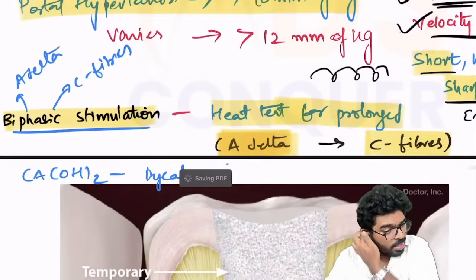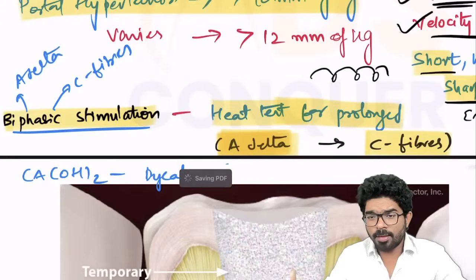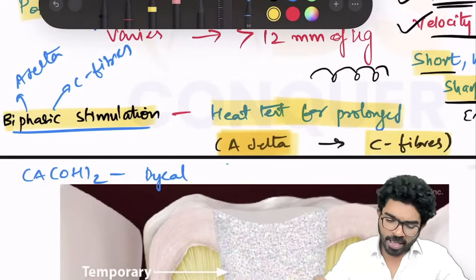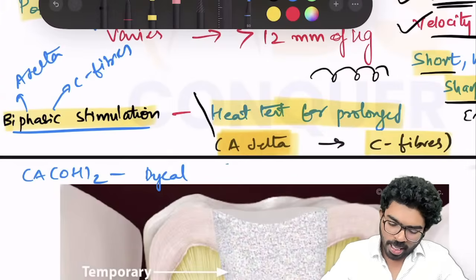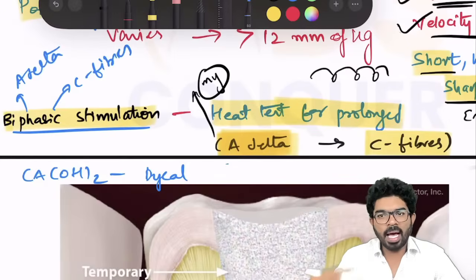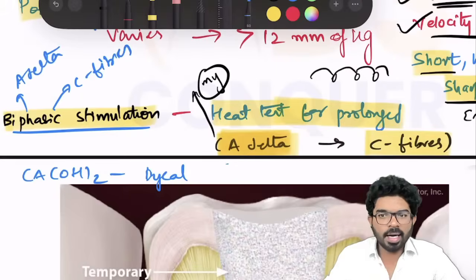Okay, because in this concept, we have clearly discussed that in the majority of these vitality tests, I'm activating A delta fibers. And these A delta fibers are called myelinated fibers. They have a myelin sheath on them. Without a myelin sheath, it is not called an A delta fiber.